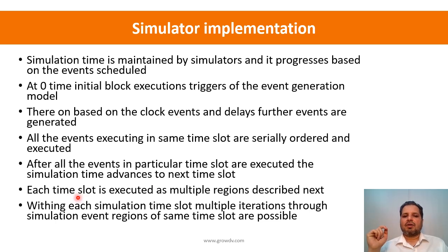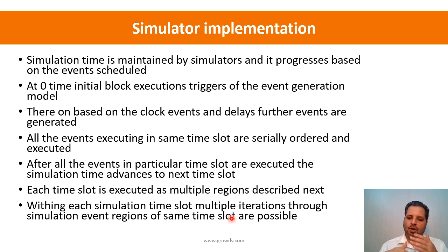And there is one more point. This is something we are going to get deeper into, the simulation scheduling semantics, which is the core topic of this session: each time slot gets executed as multiple regions, and within each time slot there can be multiple iterations. That is, some change led to another change, and there could be a zero delay interaction.